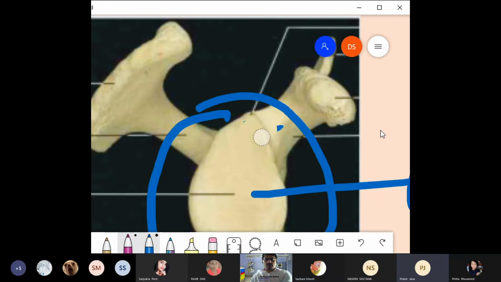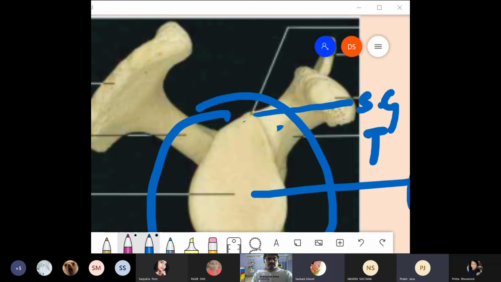This small projection is known as the supraglenoid tubercle. It is the exact location wherein the long head of the biceps brachii attaches to. I think the precise locations are now clear. Confirm whether it's clear or not. Yes, sir. It's clear now.